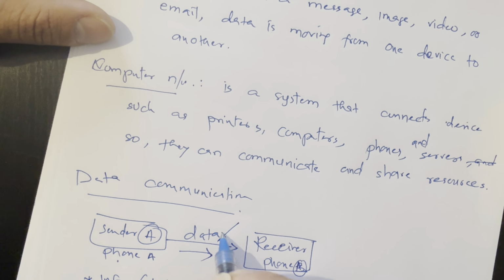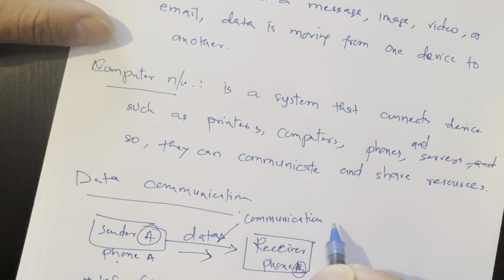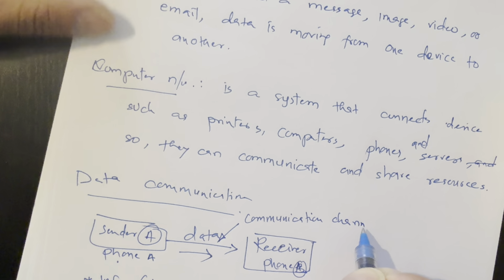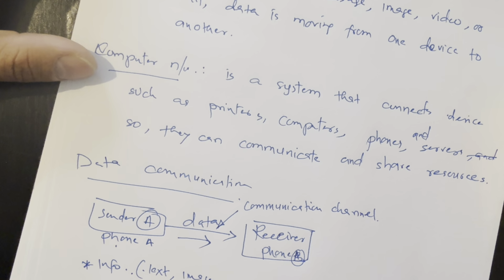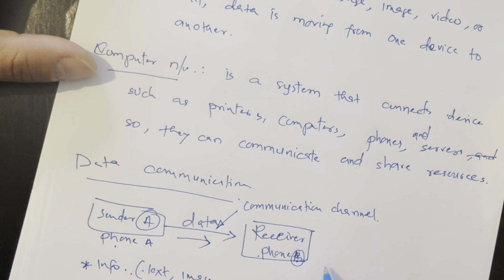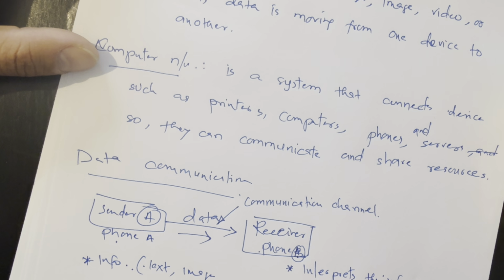The receiver gets the information and interprets it. That is how the data flows.